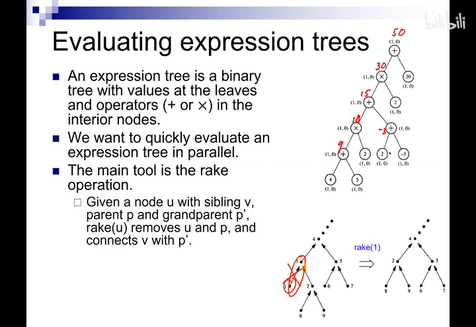We're going to take the sibling and all of its descendants, and move it to where the parent used to be. So if we rake 1, we get rid of 1 and then get rid of 3, and then we move 2 up here. Then 2 is going to point to the 4. After you rake, this is the situation that you have.